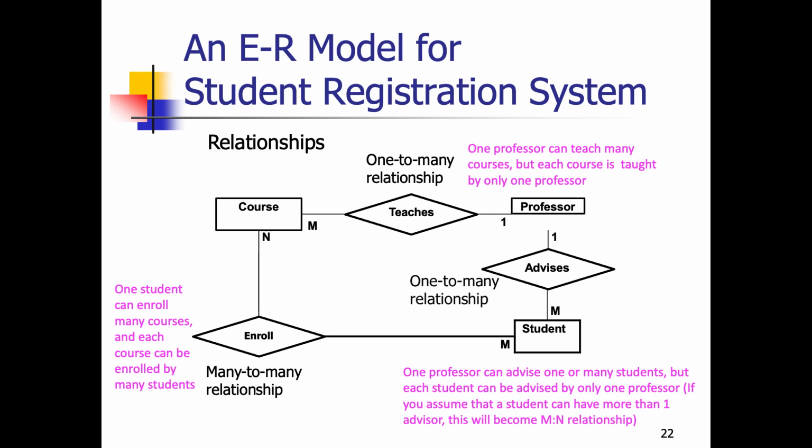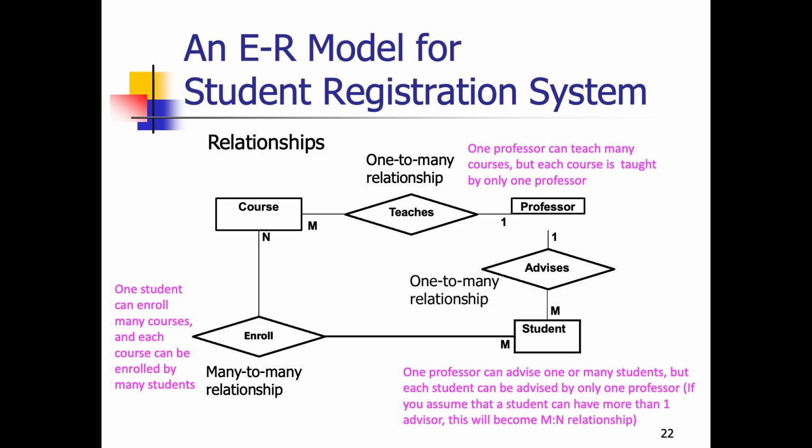It's very easy. If you want to define a relationship, you can just ask yourself: for the professor and student, can each professor supervise one or many students? If each professor can supervise only one student, and each student can have only one supervisor, then this is a one-to-one relationship, which is just an assumption.